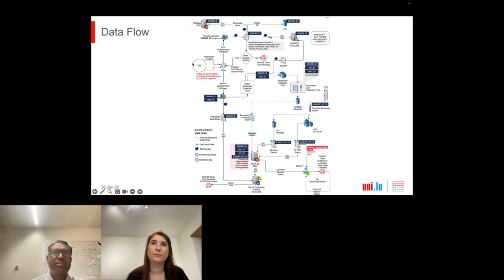You have informed consent forms, how their personally identifiable information is stored, then filling in the questionnaires, then going to the sample collection site and donating their samples, and how the samples move to the biobank.